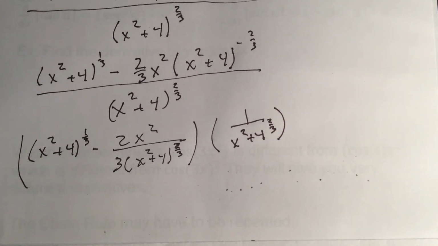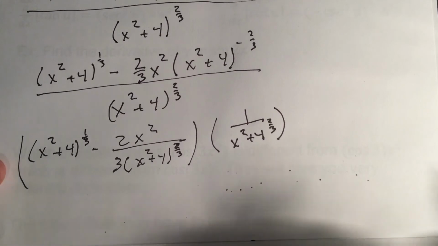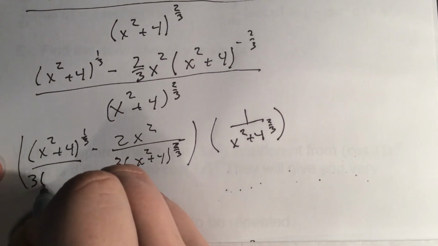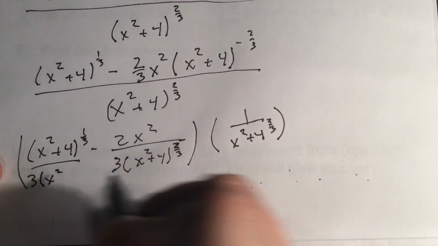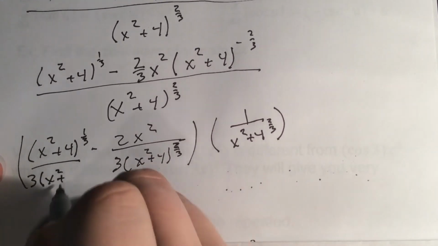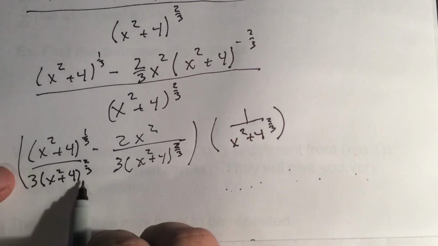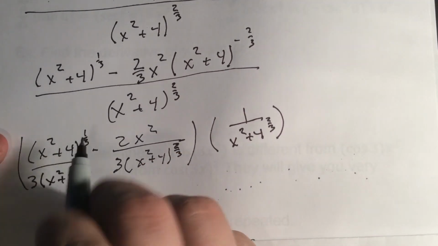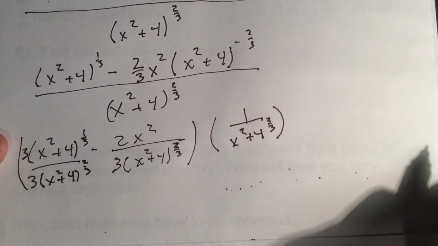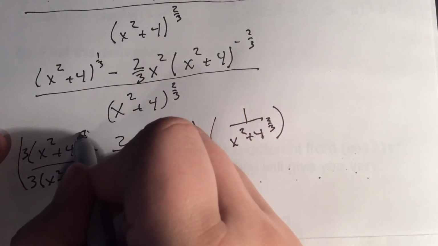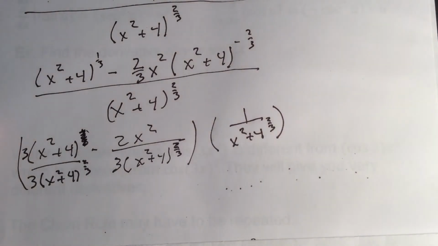So common denominator for the bottom would be a 3 x squared plus 4 to the 2/3. So if we take that times the bottom, we would take this times the top. So we would need a 3 here. The 2/3 and 1/3 would make 3/3. So that would make this part disappear.